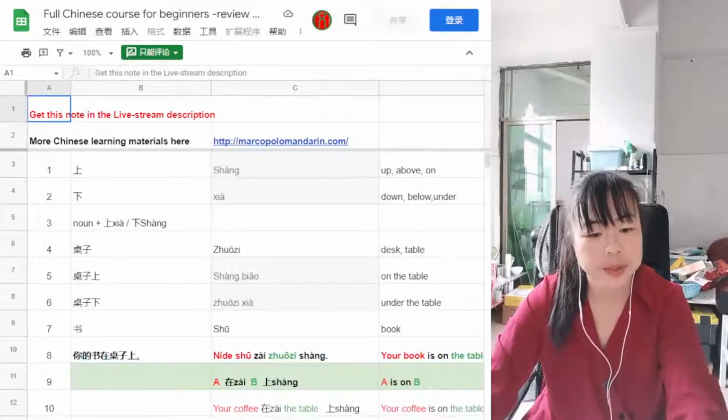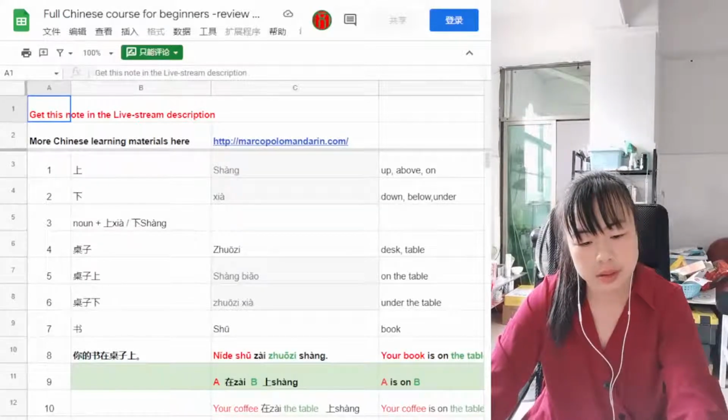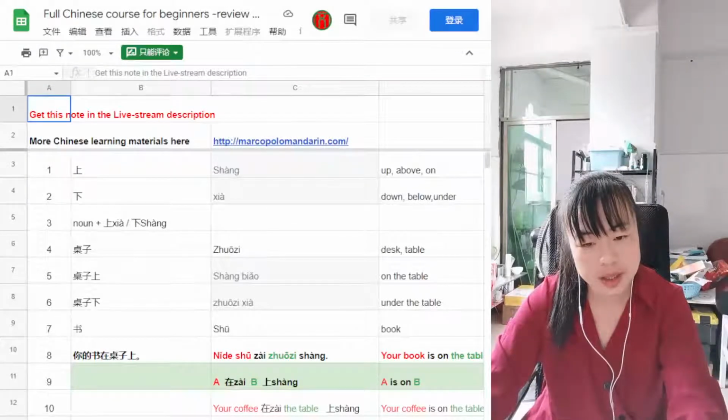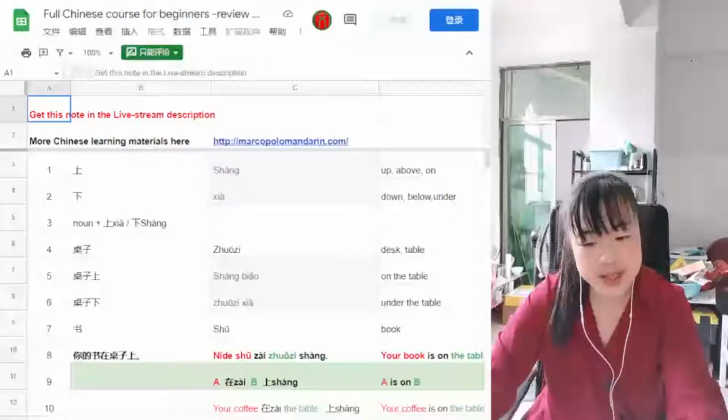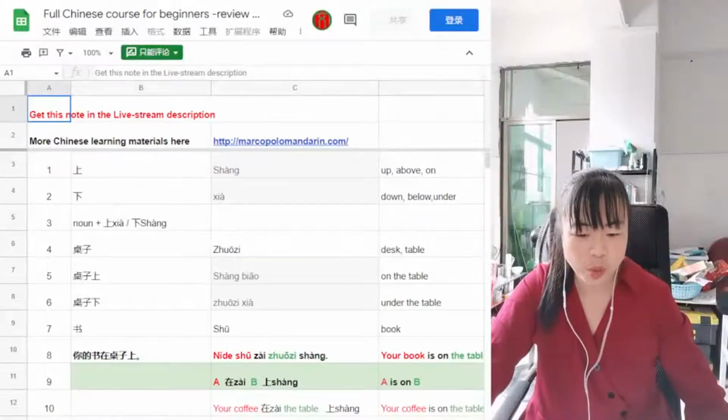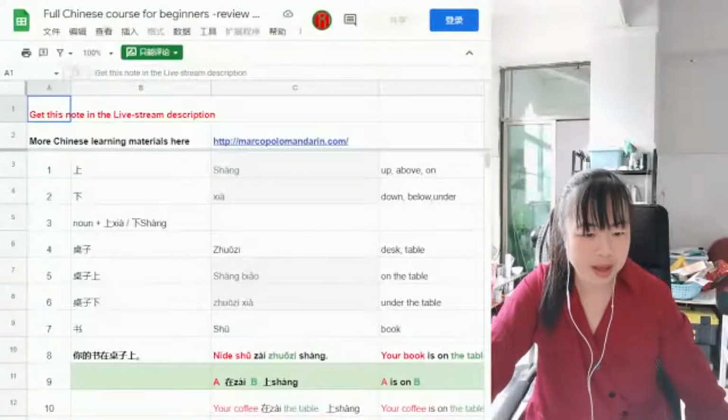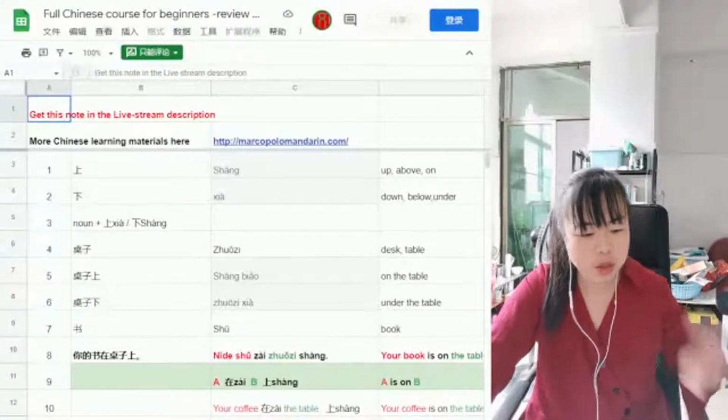Okay, now A 在 B 的前边, A 在 B 的后边, A 在 B 前边, A 在 B 后边. Three ways are correct.